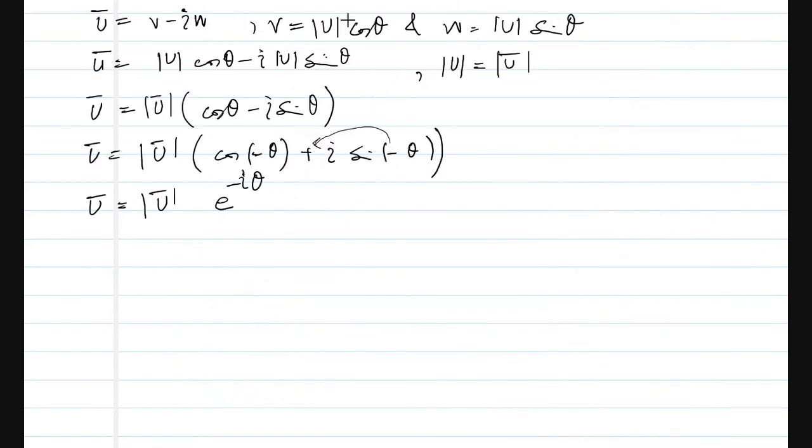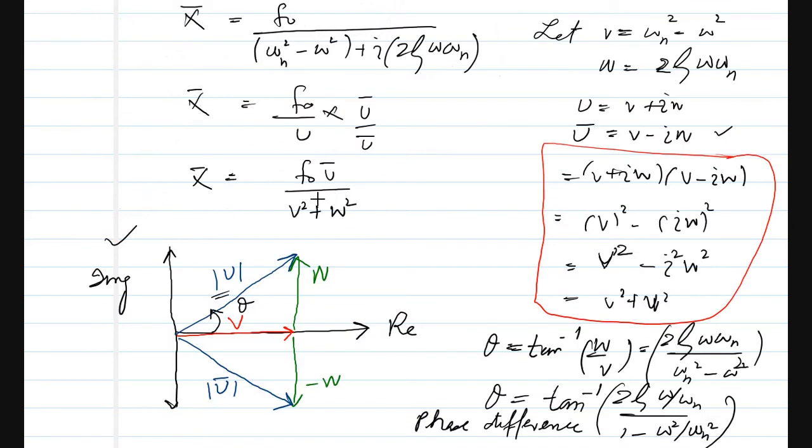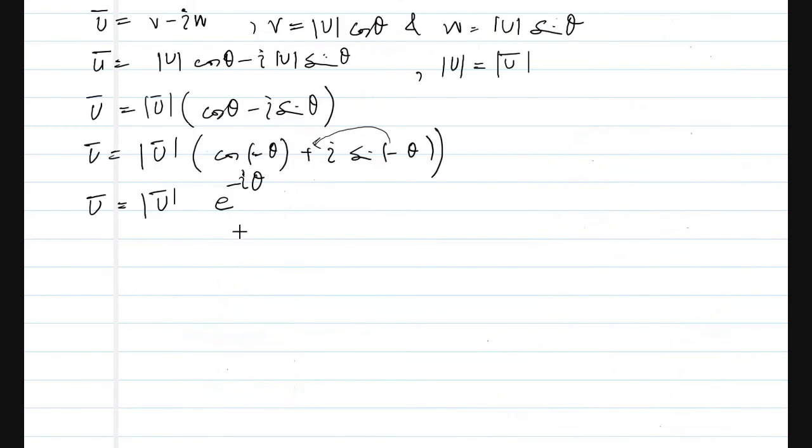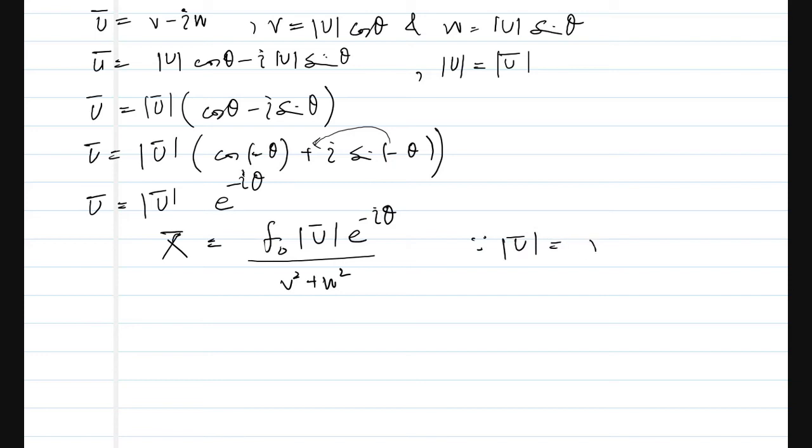Now you have to put the value of u mod in this equation. So what you get is x bar is nothing but f naught, and what is u mod? U bar mod e to the power minus iota theta divided by v square plus w square. Now you know that u bar mod is the square root of v square plus w square, and this is again from this graph.